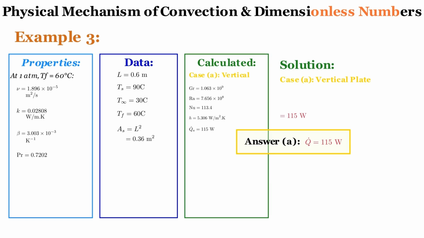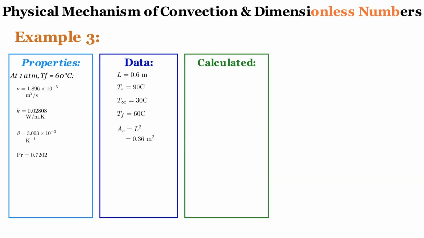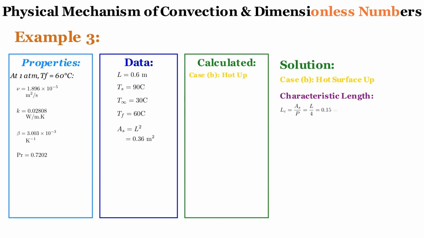Good. Now let's see what happens when we make the plate horizontal with the hot surface facing up. Moving on to case B. Case B, horizontal plate with the hot surface facing up. The physics changes here. Marking case B in our box. Important. For horizontal plates, we need a different characteristic length.